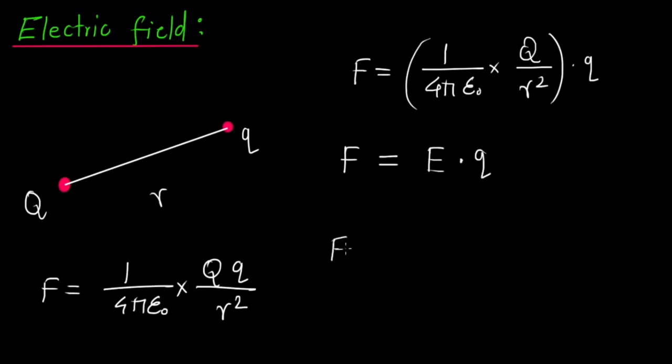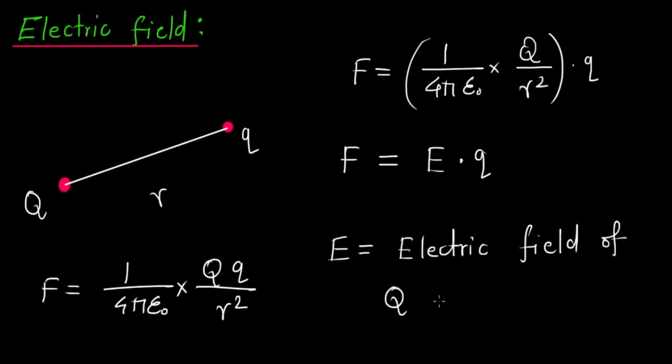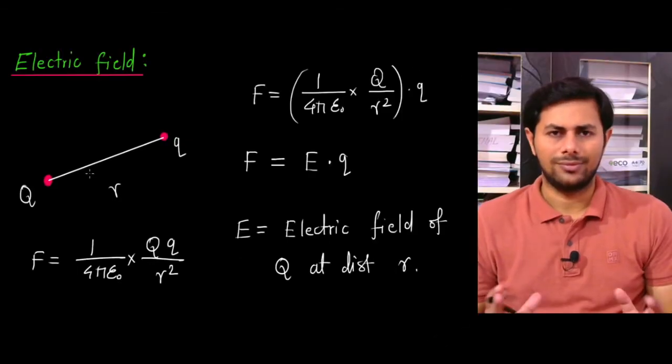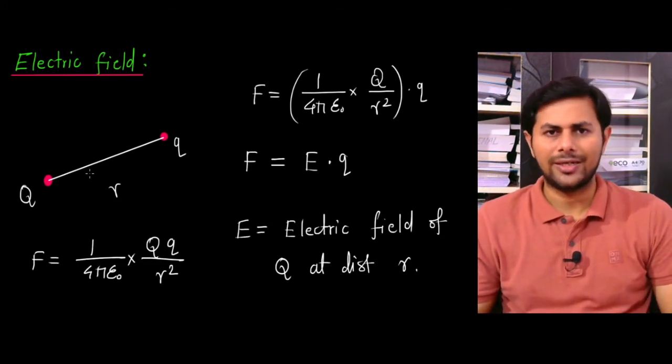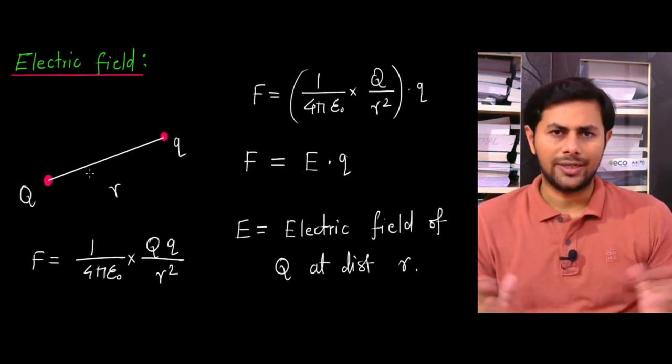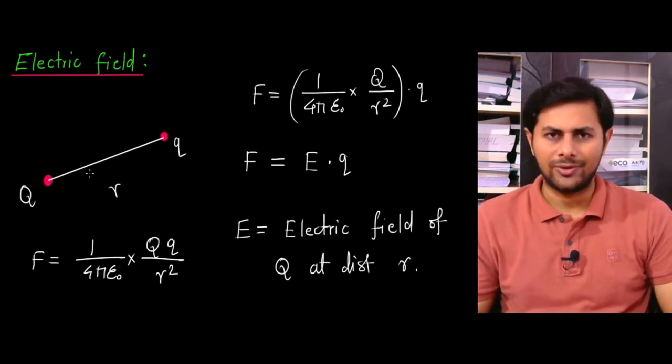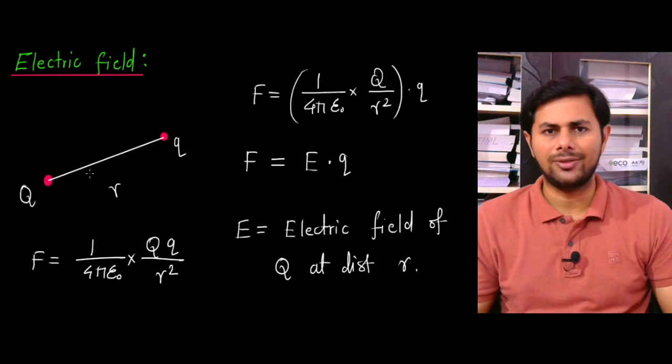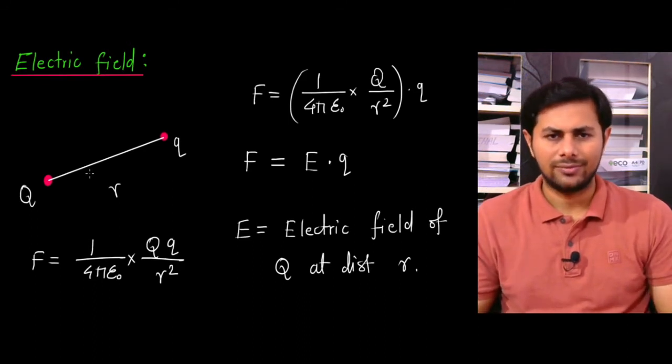And what is E? E is the electric field of charge capital Q at distance r. According to Michael Faraday, once we keep some charge at any point, it creates its effect in its surrounding region, and that effect is known as its electric field.